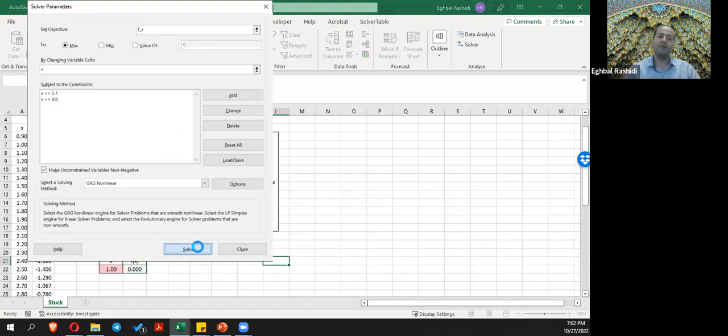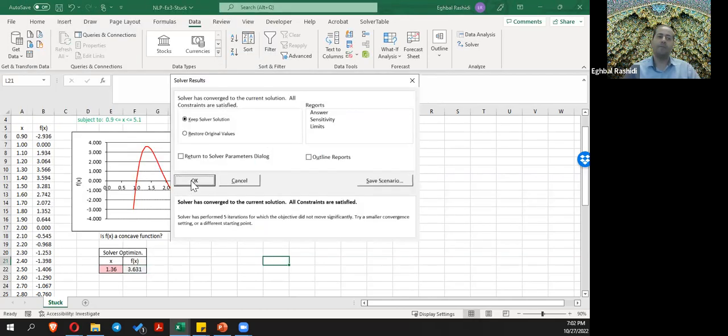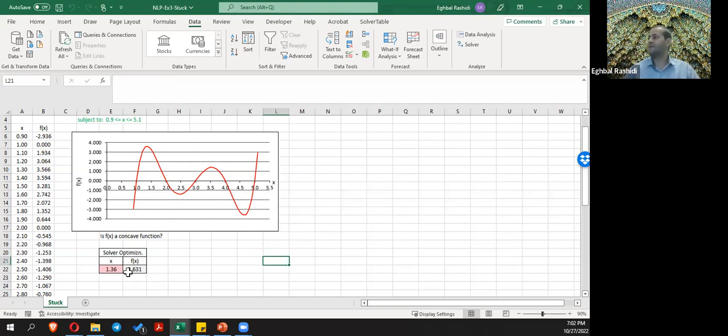Hopefully this time it's going to find the 1.36. So this time, because I kind of guided through this local, which is also global optimal solution, it didn't go to this one. So I guided it, right?